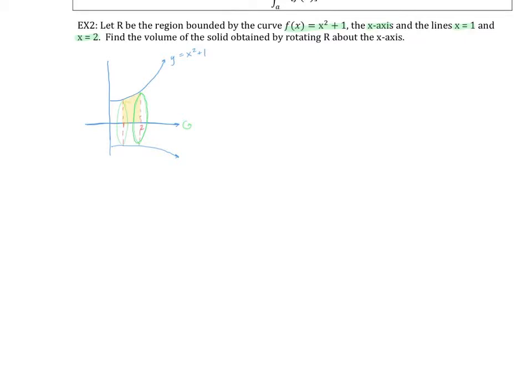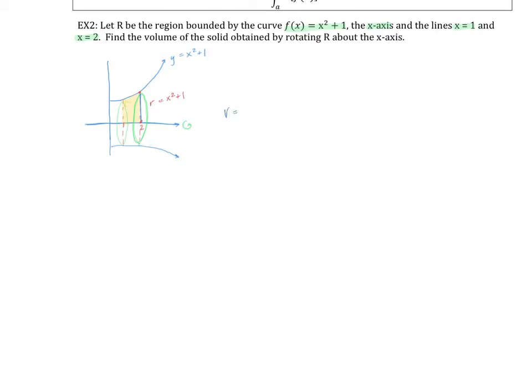So I'm going to add up the area of these disks, or these circles, from x is equal to 1 to x is equal to 2. So think about what this radius would be. Our radius is going to be equal to the distance from the x-axis to the function, which is just x squared plus 1.